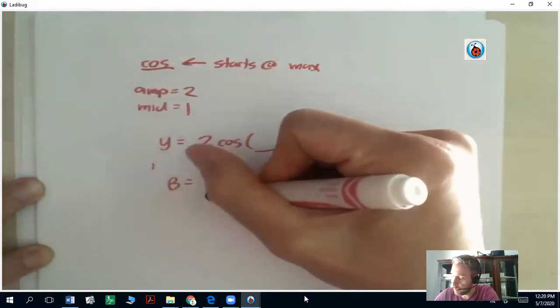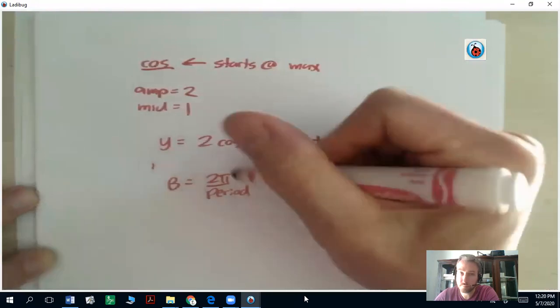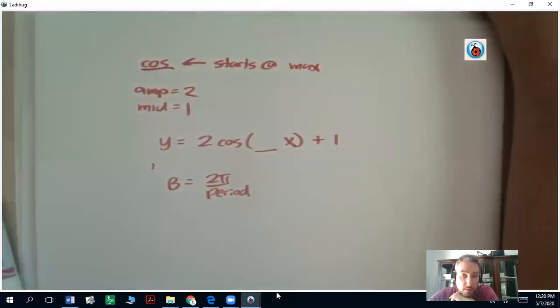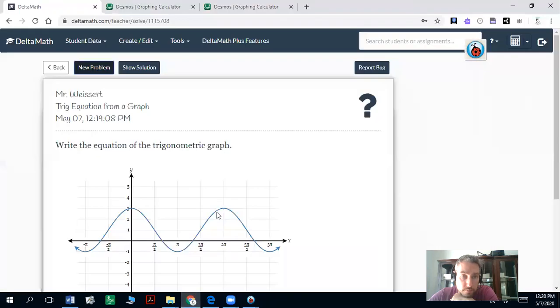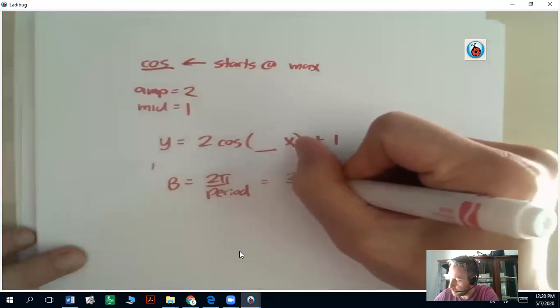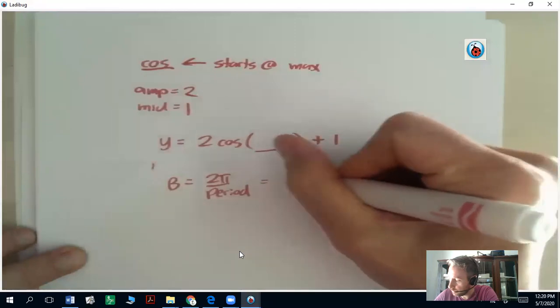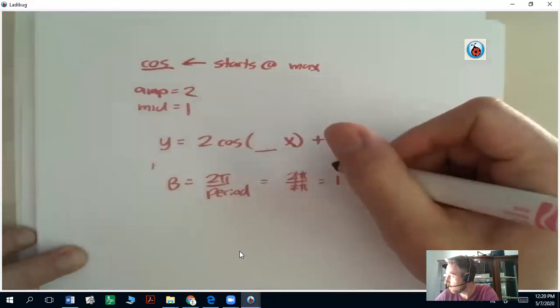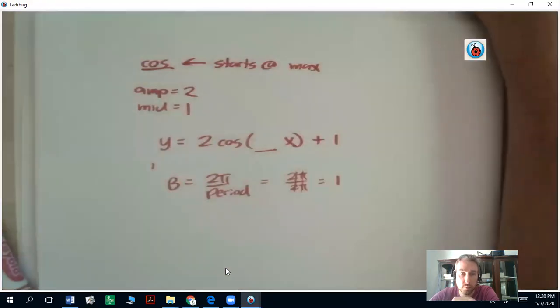2 pi divided by the period. So let's go and find that period. It starts here, goes down, back up to here. Period is 2 pi. So the b value is 2 pi divided by 2 pi. Well, that all cancels out. So it's going to be 1.